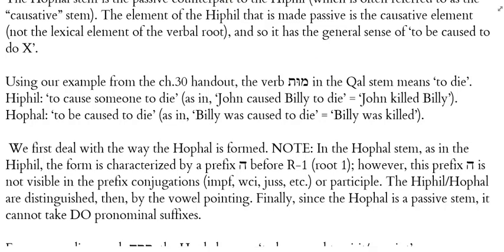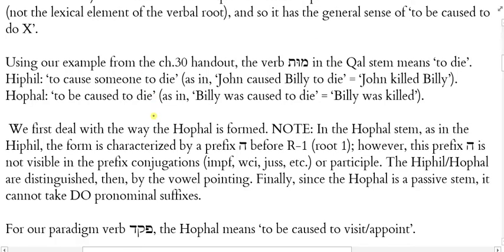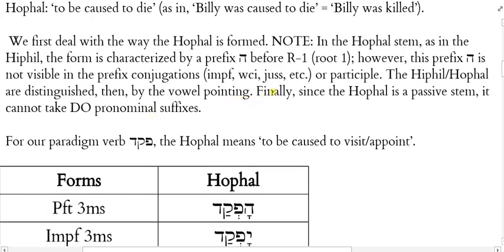Now, here's what we want to do. We want to first deal with the way the Hophal is formed. So we're going to follow basically what we did with the Hiphil. And in the same way, the Hophal is characterized by a hey prefix. So the Niphal stem has a noon prefix characteristic of it. The Hiphil stem and the Hophal stem have hey prefixes that are characteristic of them.